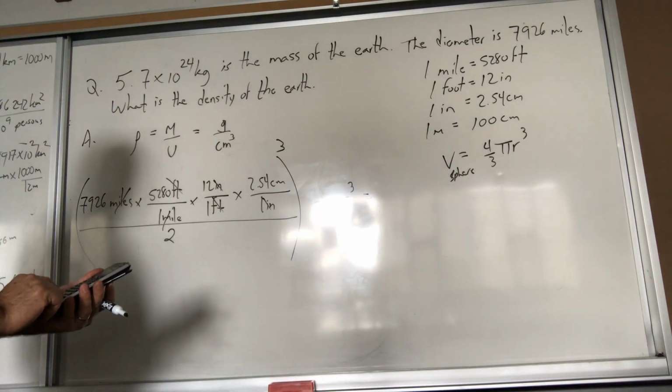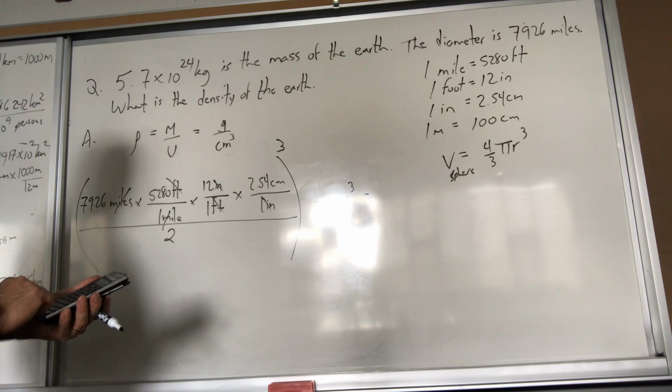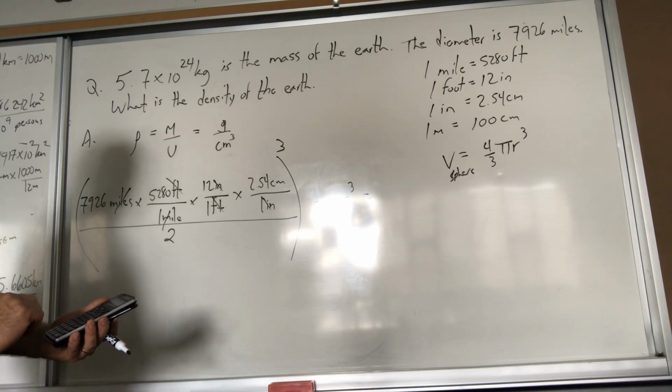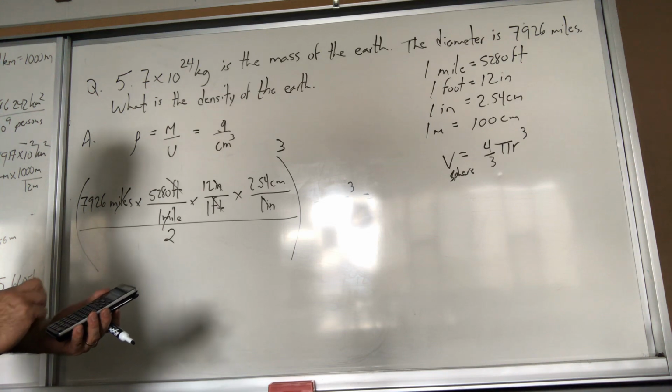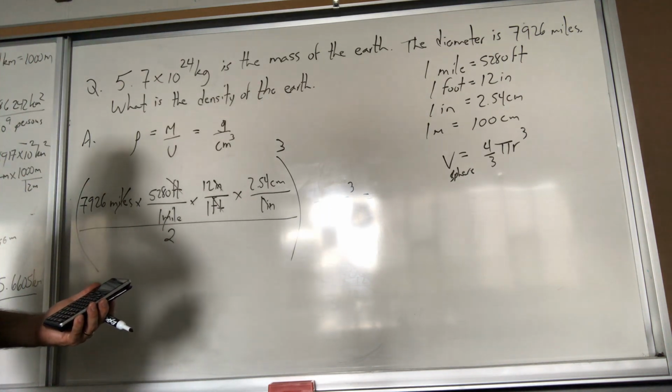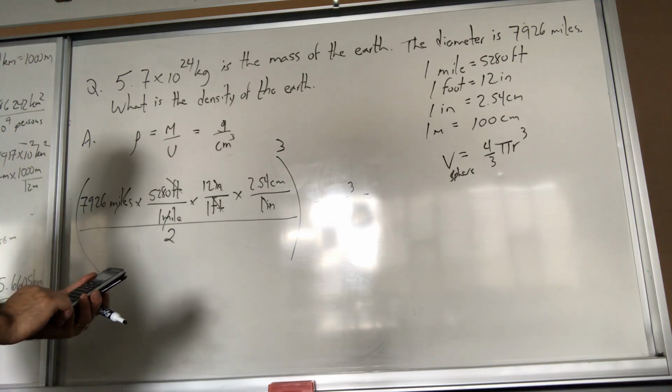7,926 times 5,280 times 12 times 2.54 gives you 1,275,566,050. Divide that by 2.